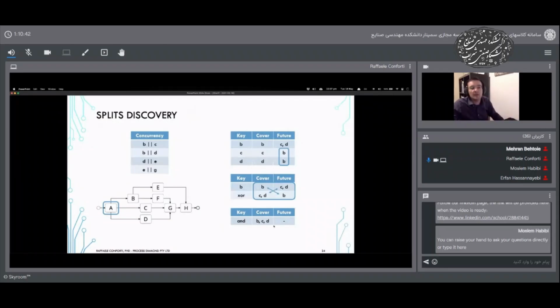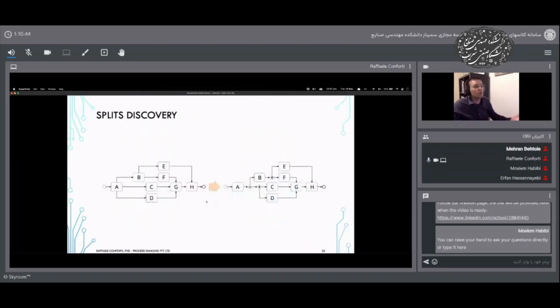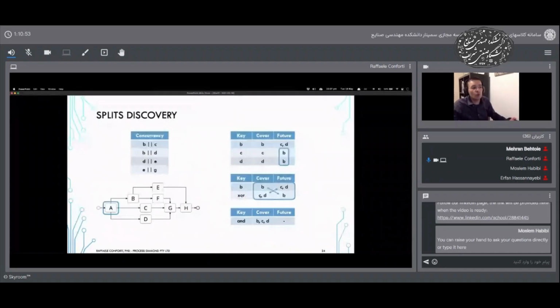Once we do so, we use them to introduce our gateways. As you saw before, we discovered that we have an XOR split between C and D. So what we do is introduce an XOR split here, and then we put an AND split after A, between B and the XOR that we just introduced.